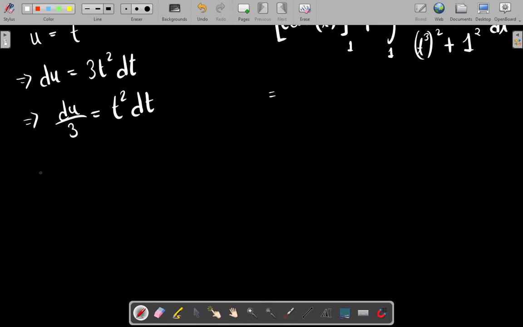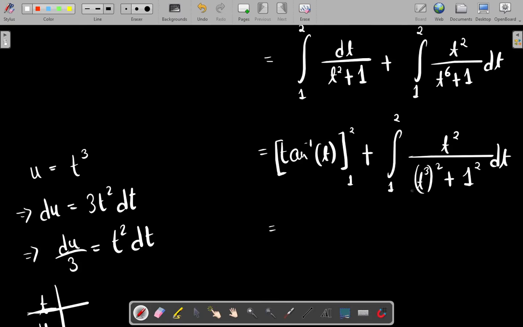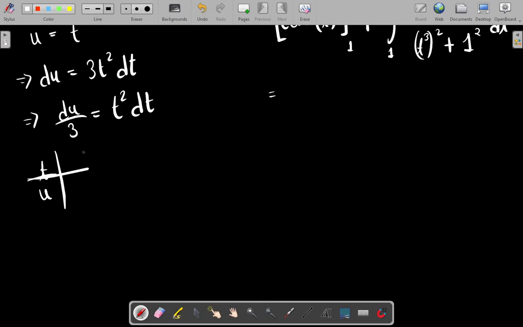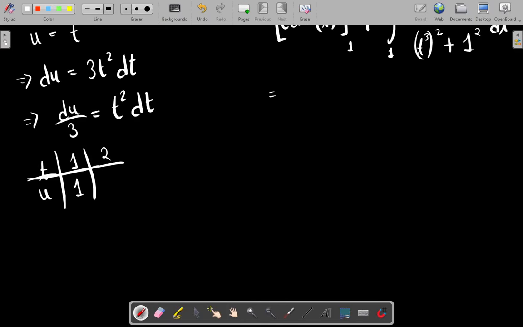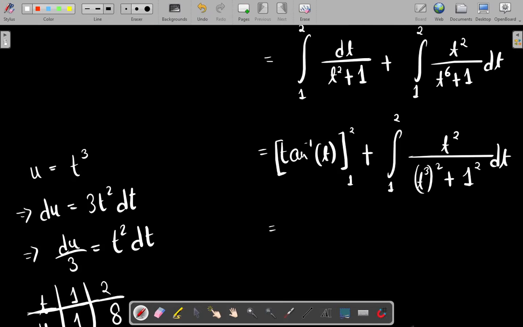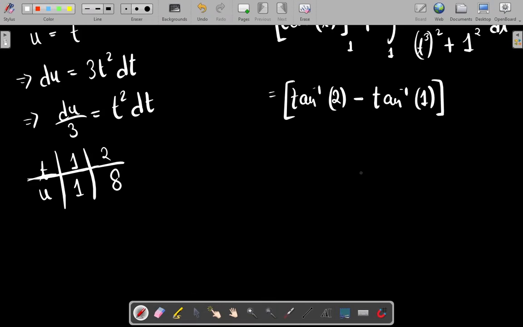The limits of the integral will change: for t equal to 1, u will be 1, and for t equal to 2, u will be 8. So the first integral gives tan inverse 2 minus tan inverse 1, and for the second integral, t square dt is just du upon 3.